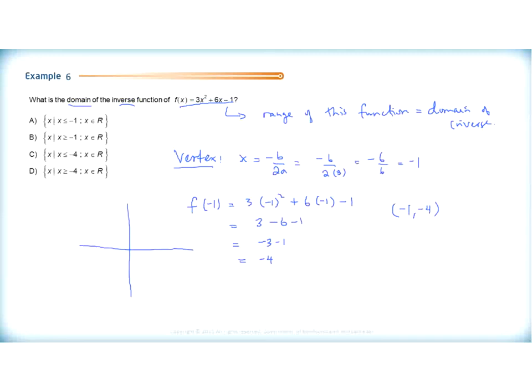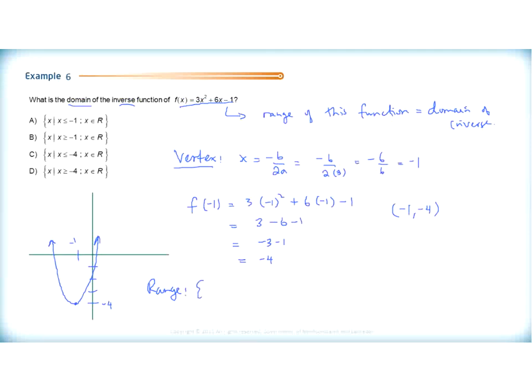If I want to do a quick sketch of the parabola, its vertex is at (-1, -4), and this parabola opens upwards. There's my parabola right there. The range of this function is equal to the domain of the inverse.